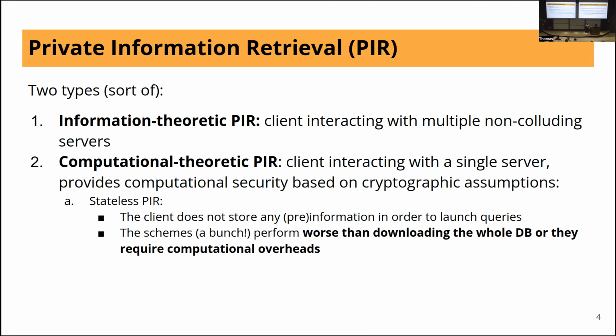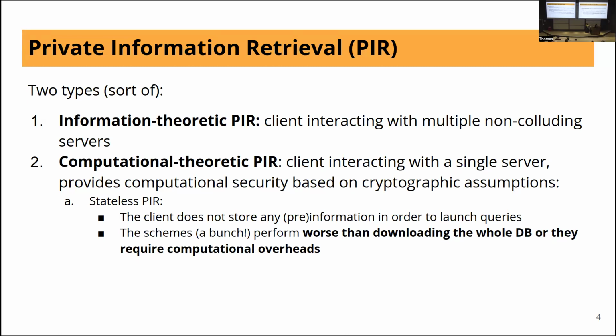We have two subtypes because later we're going to see some of the efficiency properties of PIR schemes. What we want is that whatever costs your PIR scheme incurs is less than the total cost of downloading the database locally as a client.